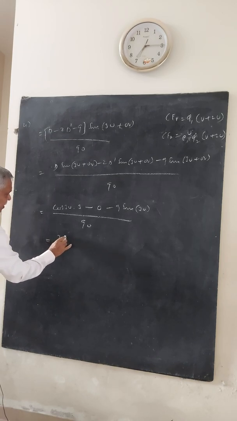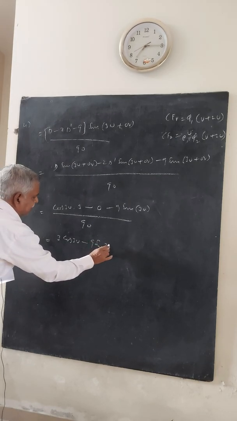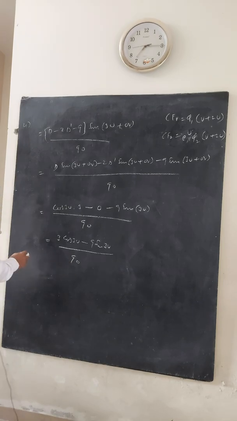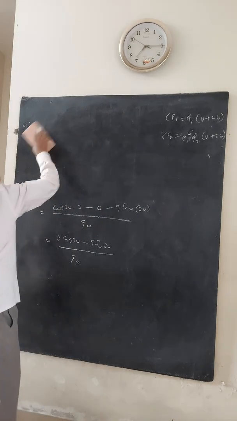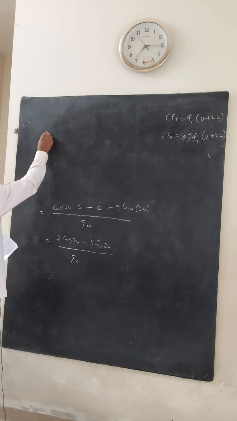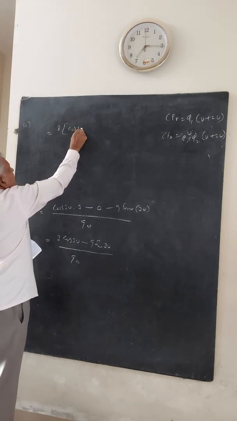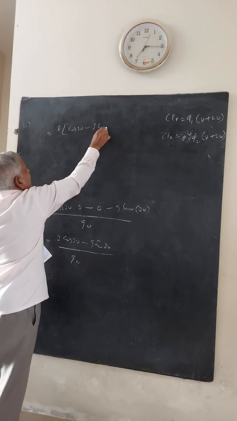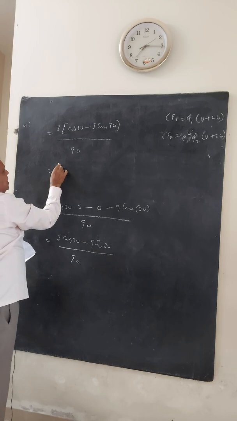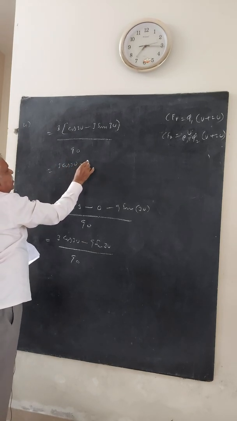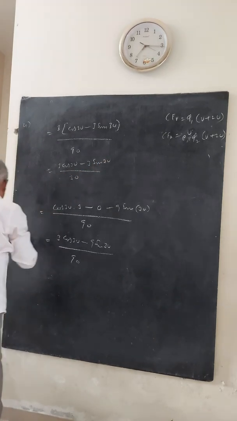That equals 3 cos 3u minus 9 sine 3u by 90. Taking 3 out: cos 3u minus 3 sine 3u by 90. Therefore, 3 cos 3u minus 3 sine 3u by 30.